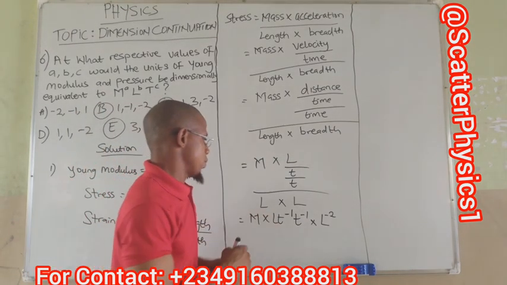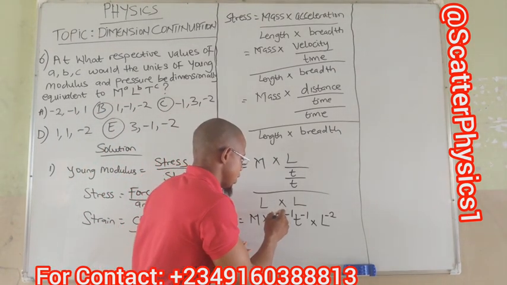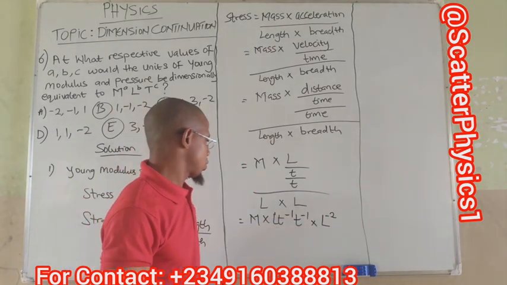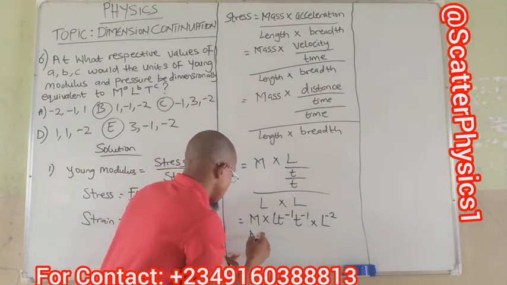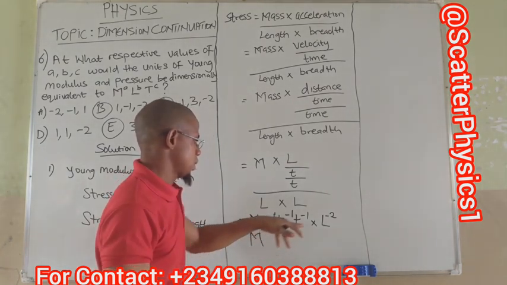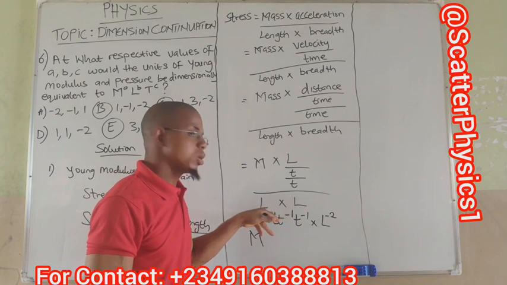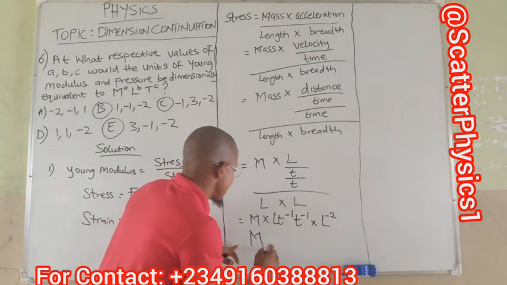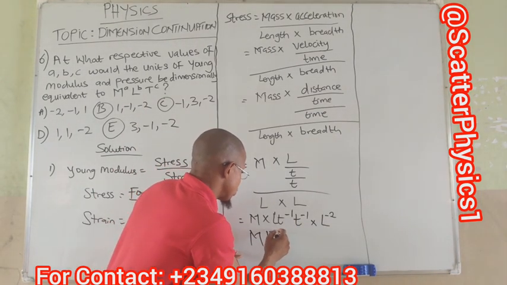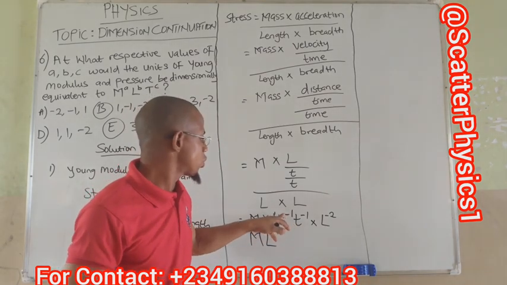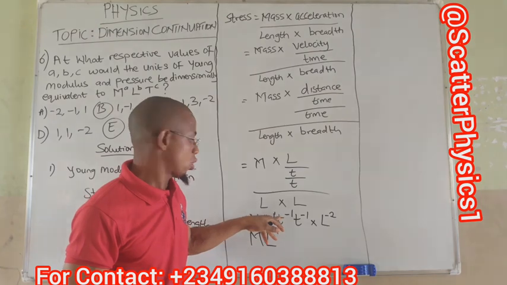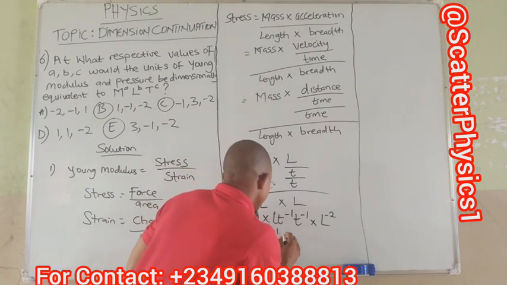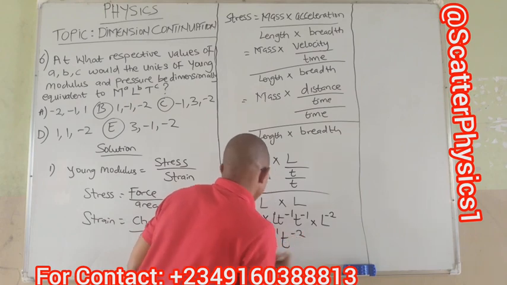We have an invisible 1 here, like I told you earlier. So we have M, then L raised to power 1 minus L raised to power minus 2, which gives L raised to power minus 1. Then minus 2 on T, minus 1 is going to give us T raised to power minus 2.